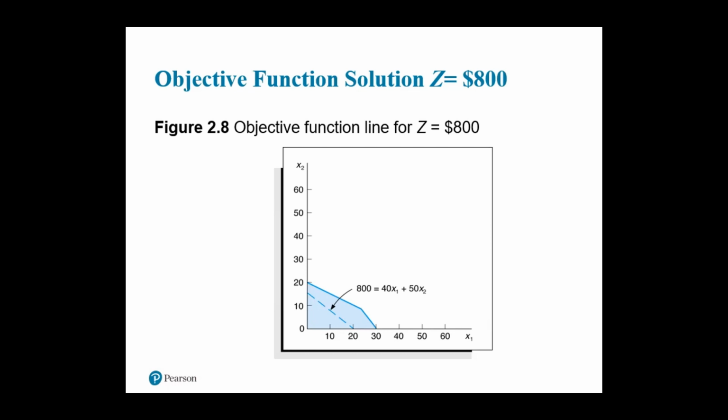So the coordinates here will be 0 for x1 and 16 for x2. So let's say that is somewhere here.